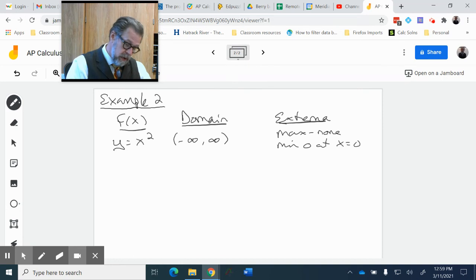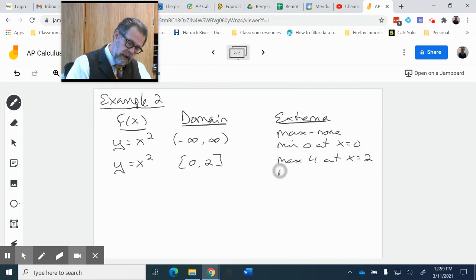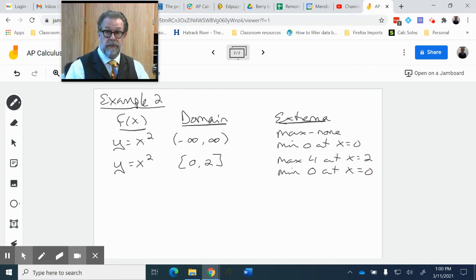Okay, y equals x squared, but this time on the interval 0 to 2. We have a maximum of 4 at x equals 2. We have a minimum of 0 at x equals 0. Notice in the domain, we're only interested in the numbers between 0 and 2.